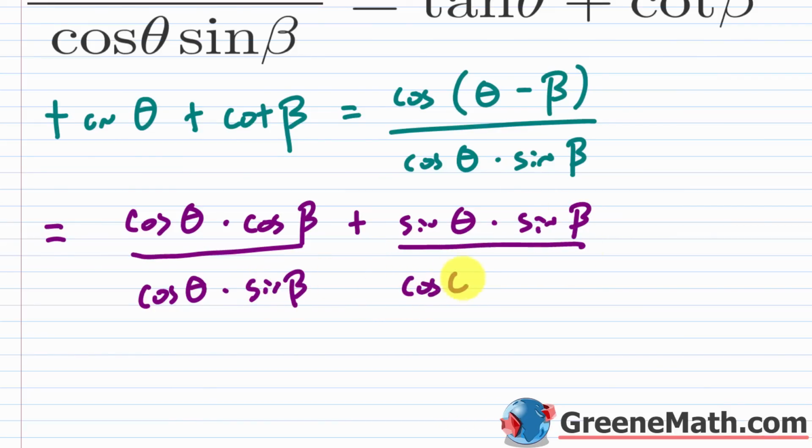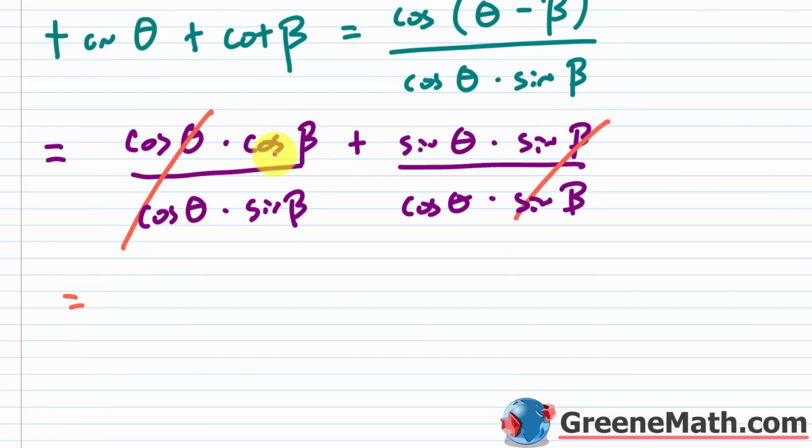So the cosine of theta times the sine of beta. Again, if you are confused about this, you have a common denominator. So you could write it as the cosine of theta times the cosine of beta plus the sine of theta times the sine of beta over the common denominator of the cosine of theta times the sine of beta. So from here, what I would do is actually cancel this and cancel this.